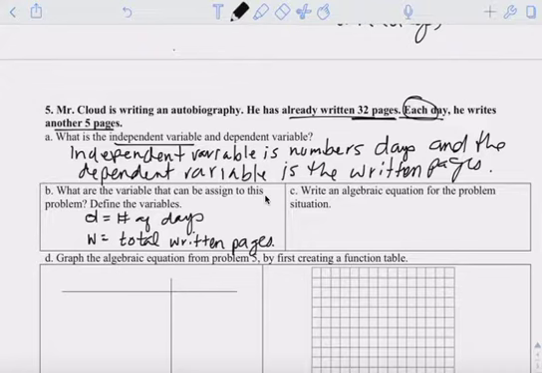So write an algebraic equation for this. Each means times. He writes another 5 pages.